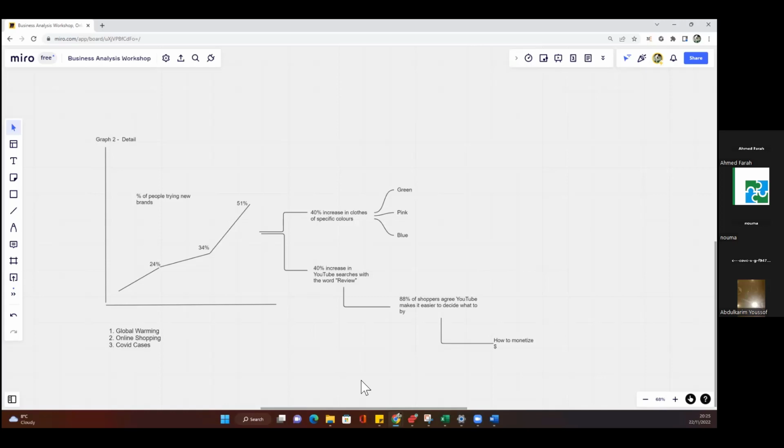Then they will promote to you brands that you're not buying, new brands, to continue this upward trend.